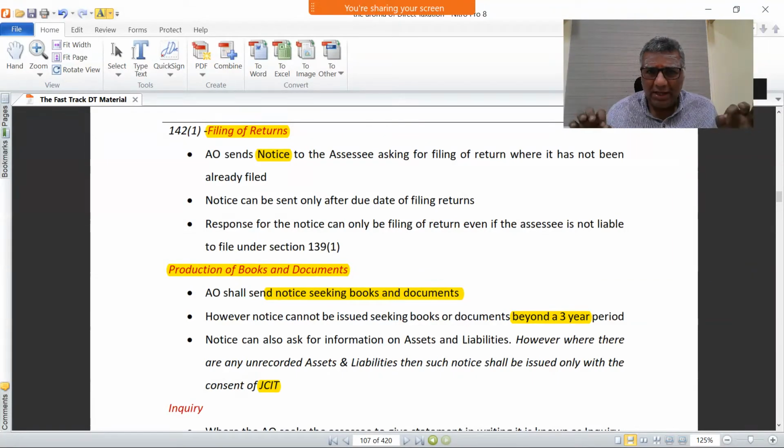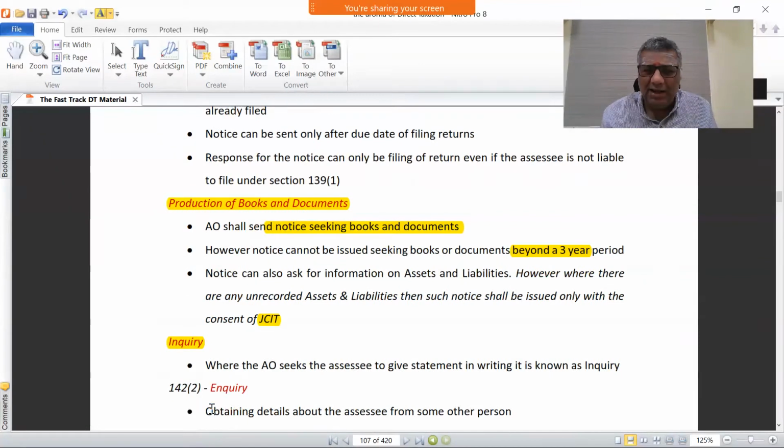So the second thing is production of books and documents, and the third thing is very simple. Whatever you are telling, please write it. Tomorrow you should not change it. Where the AO seeks the assessee to give a statement in writing, it is known as inquiry.